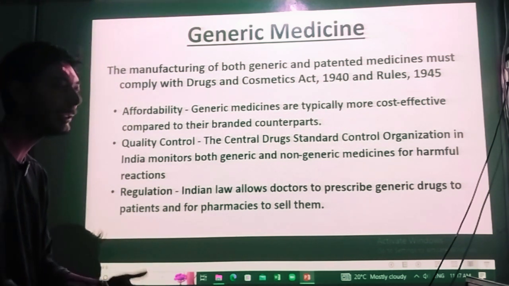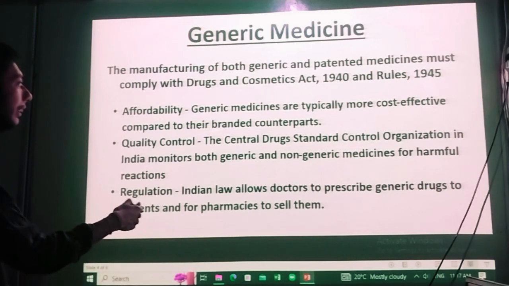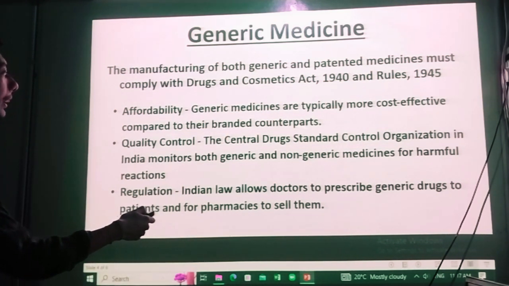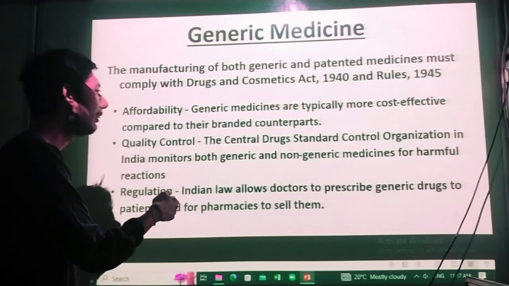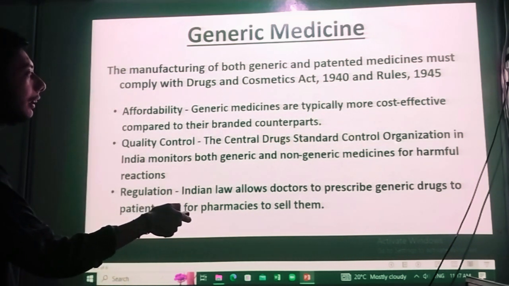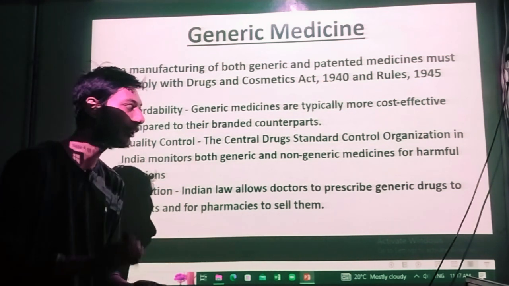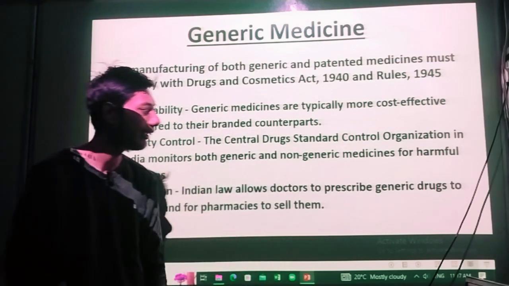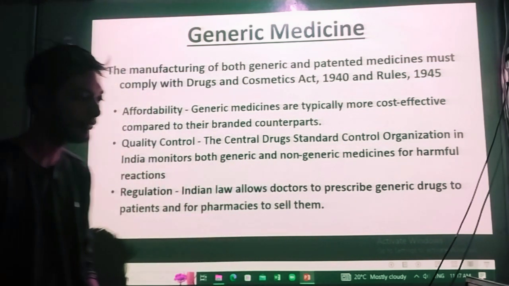It is very affordable and cost effective if we compare to their branded counterparts. Now quality control. So Central Drug Standard Control Organization in India monitors both generic and non-generic medicines for their harmful reactions.